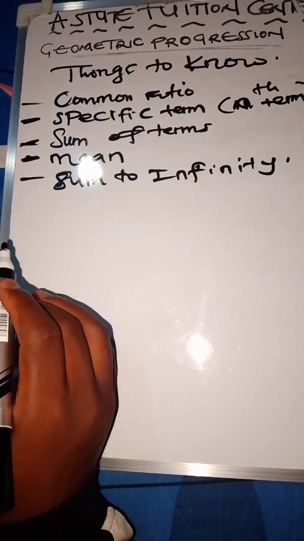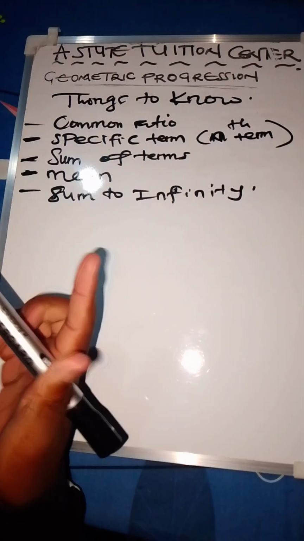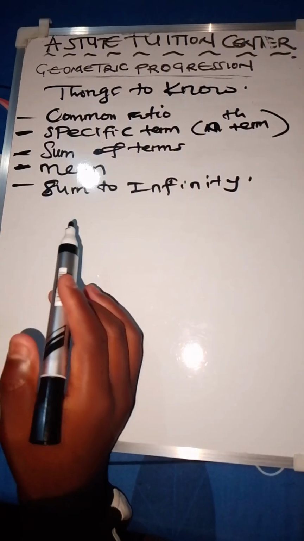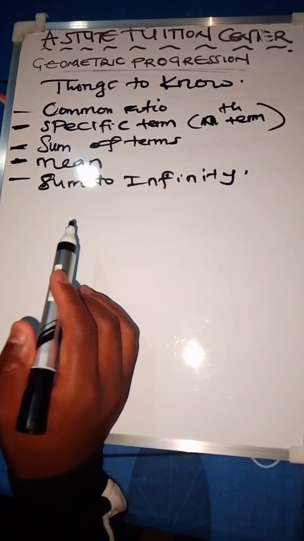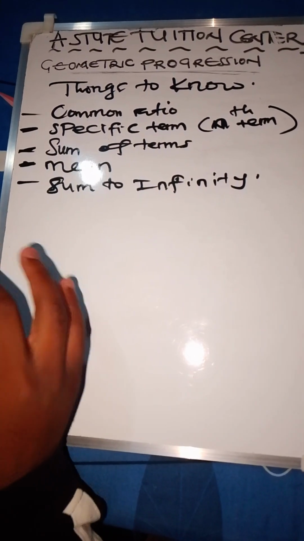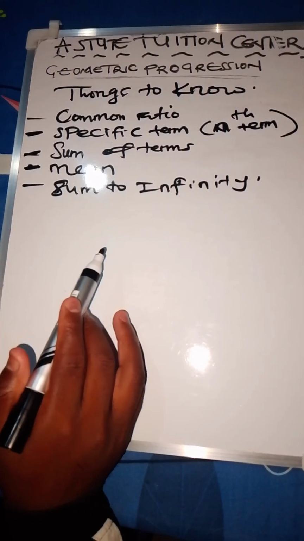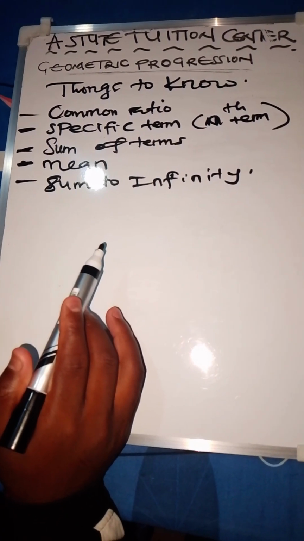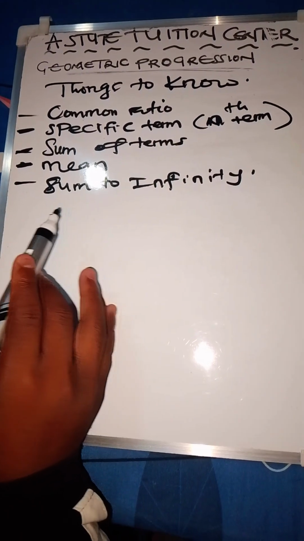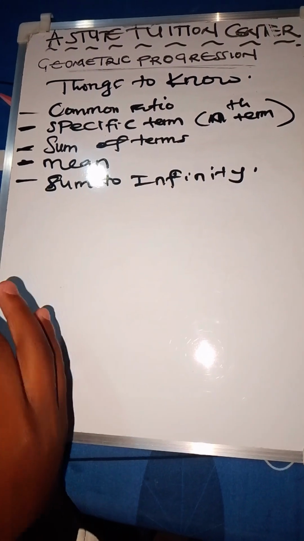So the first one is the common ratio. If you remember very well, we said AP deals with a common difference, but when it comes to geometric progression, here you're going to be dealing with a common ratio.